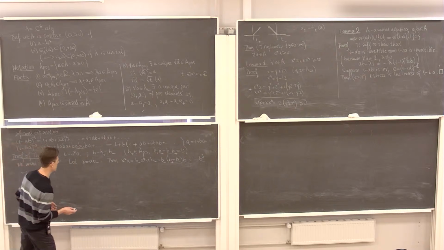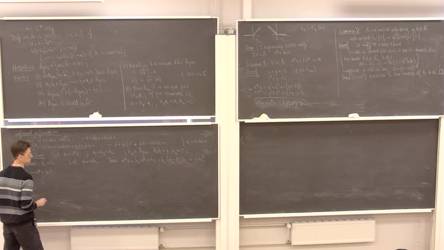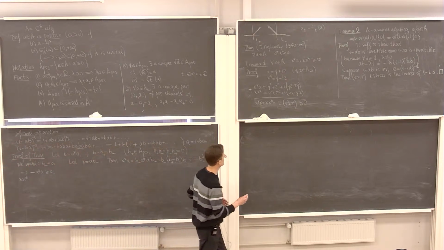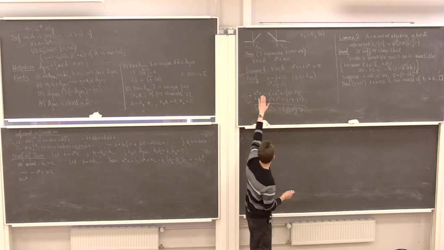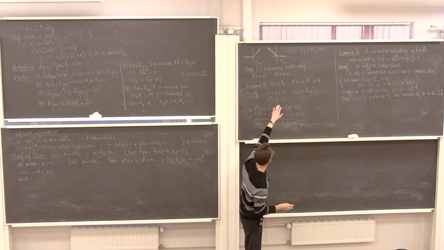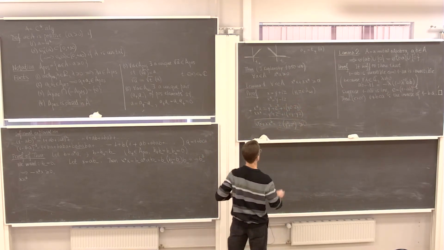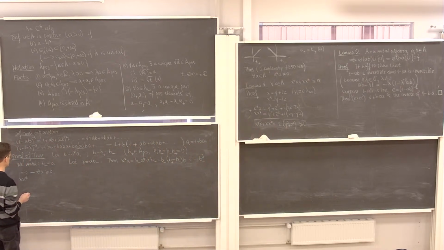Okay, let's now look at X X star. So we want to apply lemma 1 somehow. Lemma 1. So to apply lemma 1, we must calculate X X star and use the fact that this sum is positive.